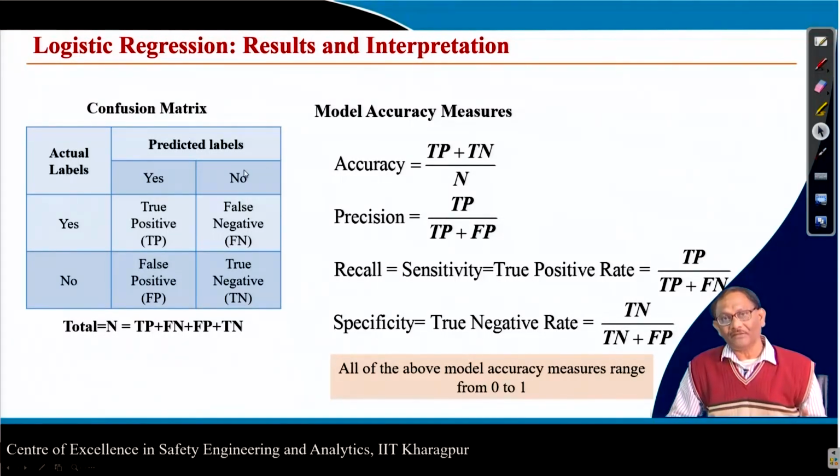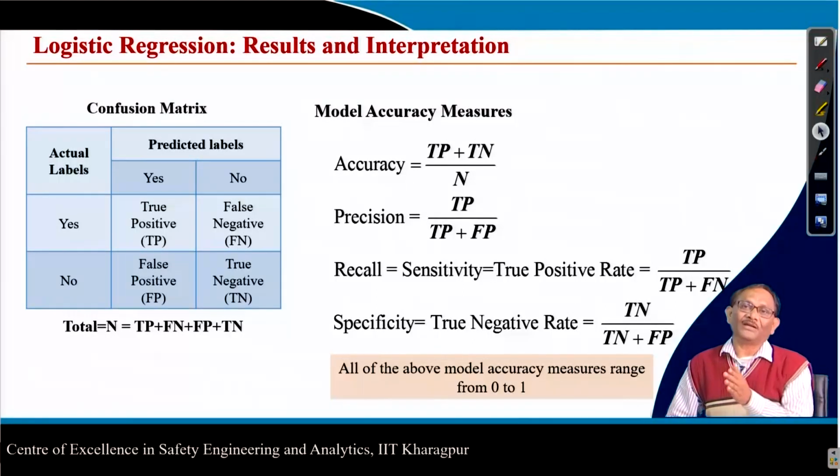Actually, what will happen when you are doing the testing with the data? In the test data you are using the x side of it and asking your logistic regression model to tell what the class value is, but the actual class values are also known to you.